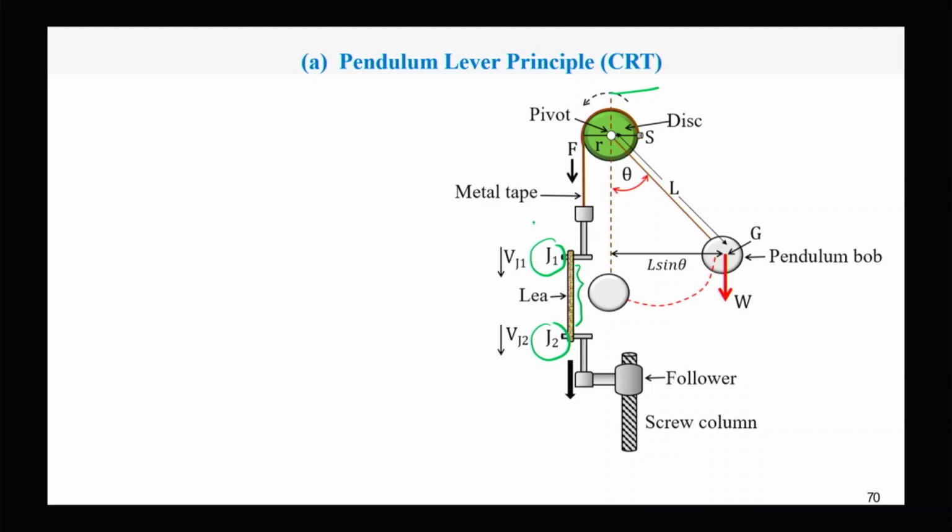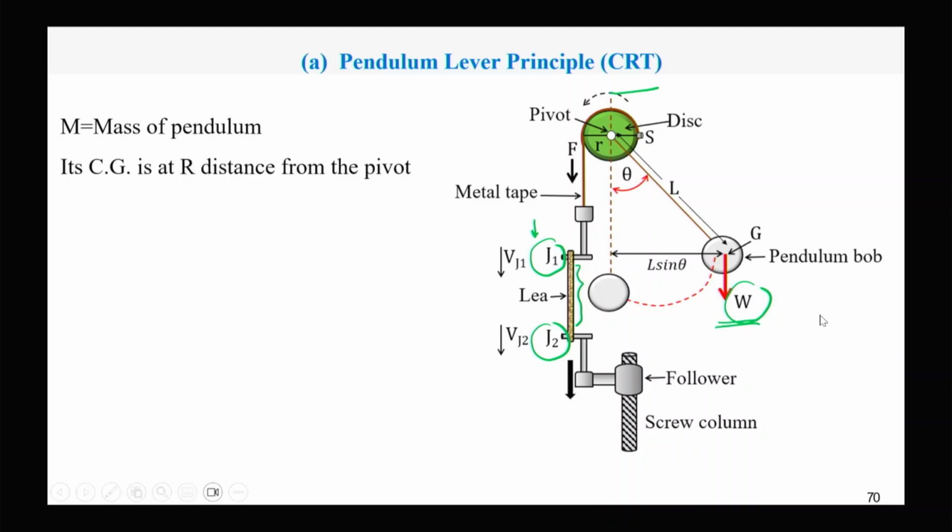As J1 moves downward, the pendulum, which is fitted on a circular disc, gets deflected. The deflection is theta degrees, the angle of deflection, and the mass is M, so W is the load applied by the pendulum.